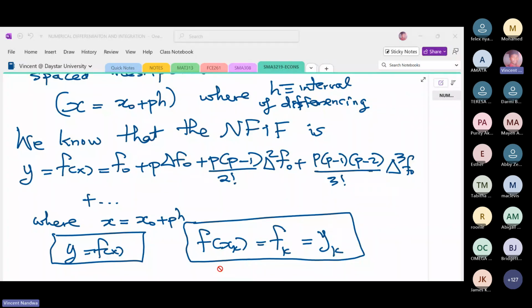Whether you use y or f, they mean exactly the same thing.